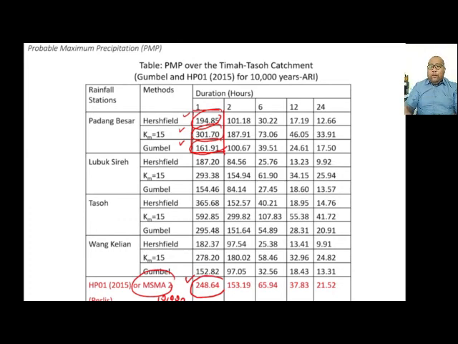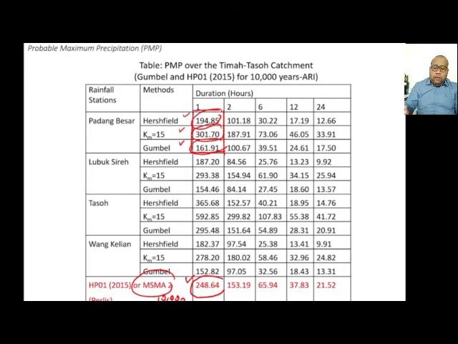Because sometimes when you submit the data to the authorities, for example JPS, sometimes JPS wants several options. It means you have the first option, second option. For our case, we provide 4 methods to determine the PMP. And then during the meeting, we can discuss, and JPS has an option to select which one is better.